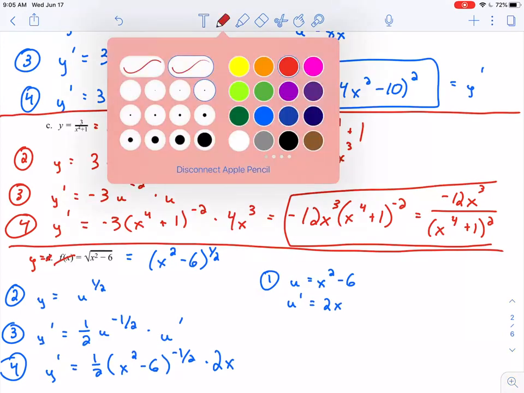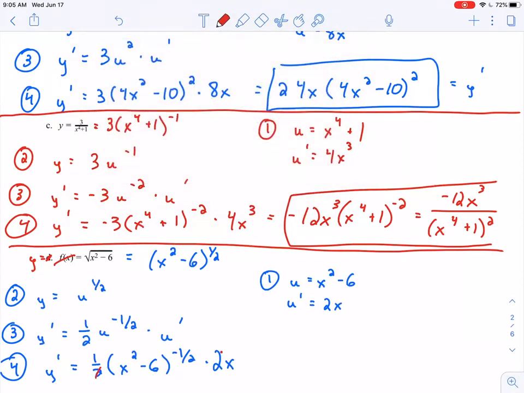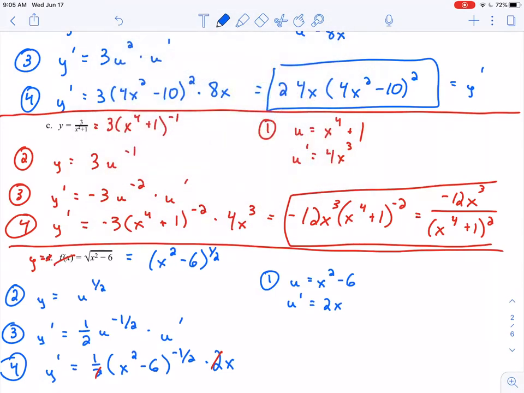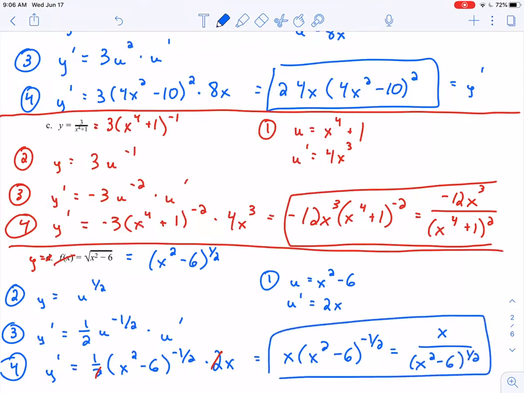I see a 2 in the denominator, 2 in the numerator. We can cancel those. So we can either write this as x times x squared minus 6 raised to the negative 1/2 power. I think that would be a fine way to write it. Or x divided by x squared minus 6 to the 1/2 power if you wanted a positive exponent.